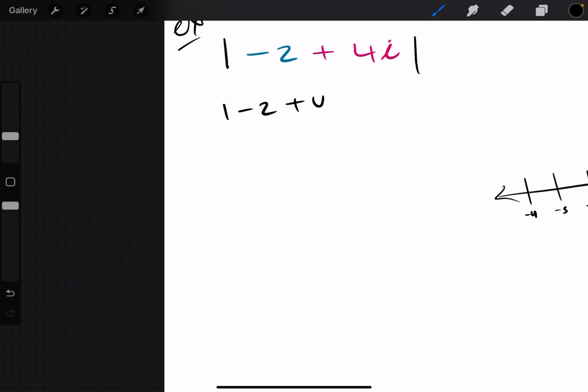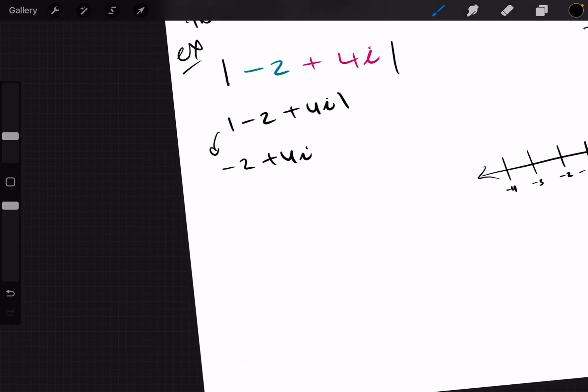So this is what it looks like, our absolute value of -2 plus 4i, but just looking at it as a complex number, you have -2 plus 4i. How you can solve it is that this is going to be the x-axis, and this is going to be the y-axis. As you may know, a point will look like this, xy.